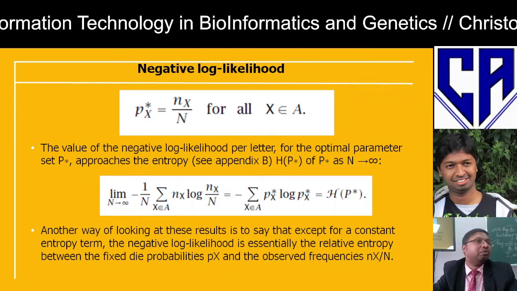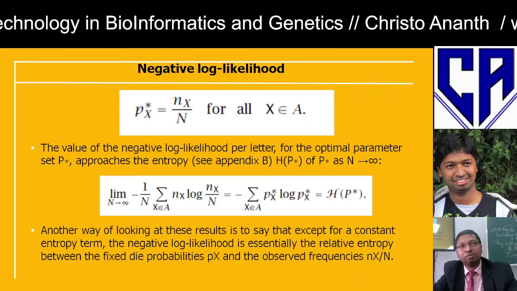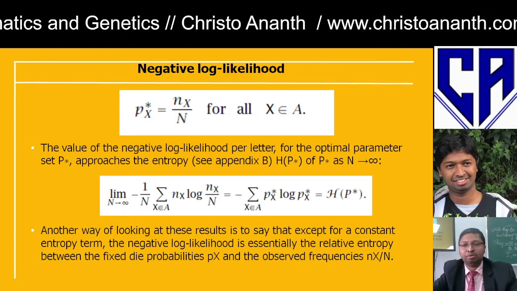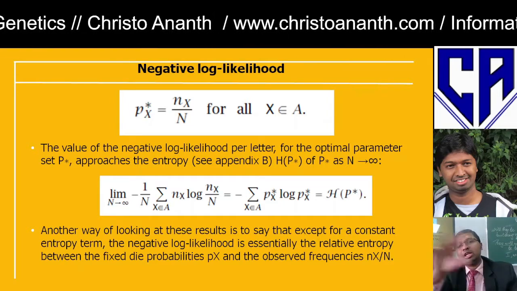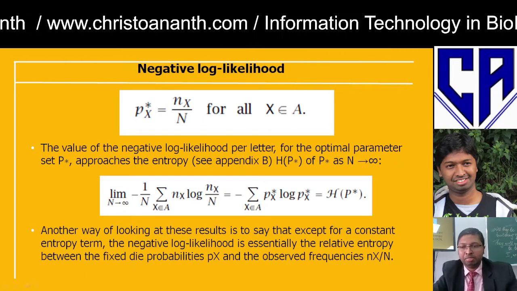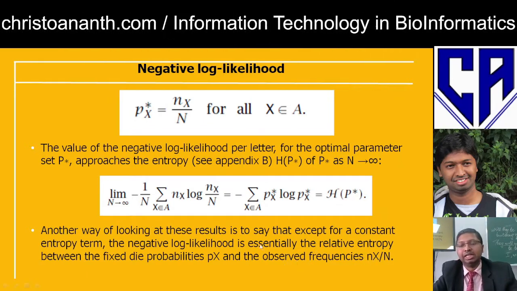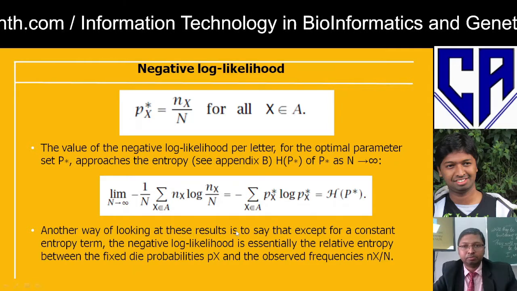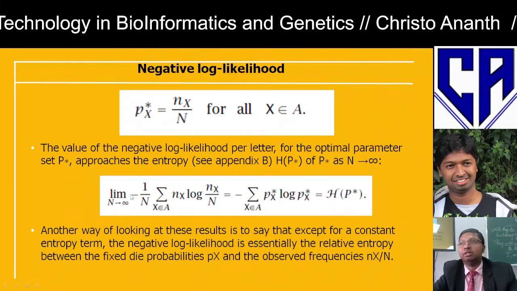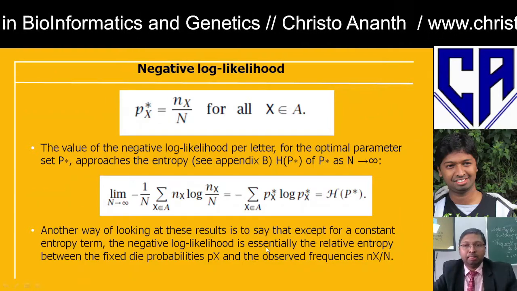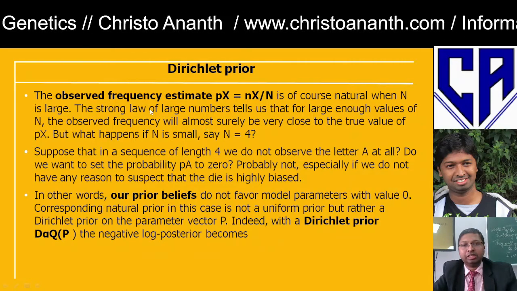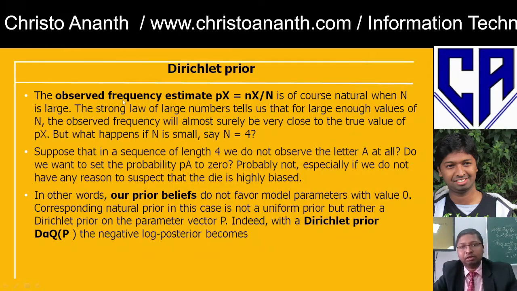It will be expressed as the set of observed frequencies, nx divided by n. So the negative log likelihood comes from here.